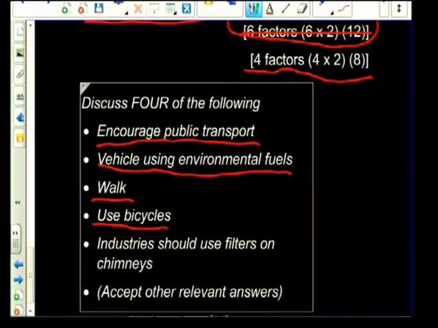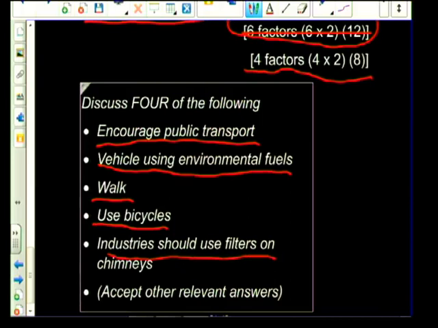Same with this one. Instead of writing using bicycles and leaving it at that, you say using bicycles instead of public transport or your private vehicles will reduce global warming.